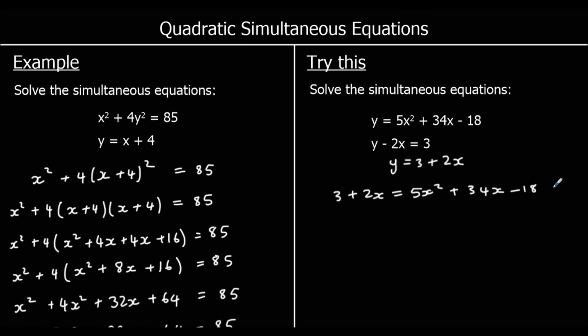We're going to solve it by making it equal to 0. So take 2x away from both sides, which gives us 32x, and take 3 away from both sides, which gives us negative 21.